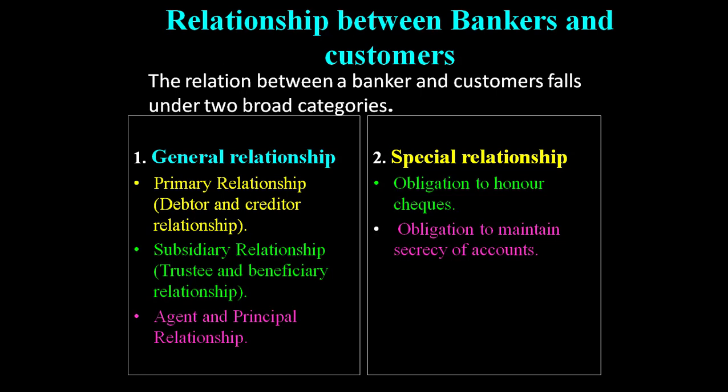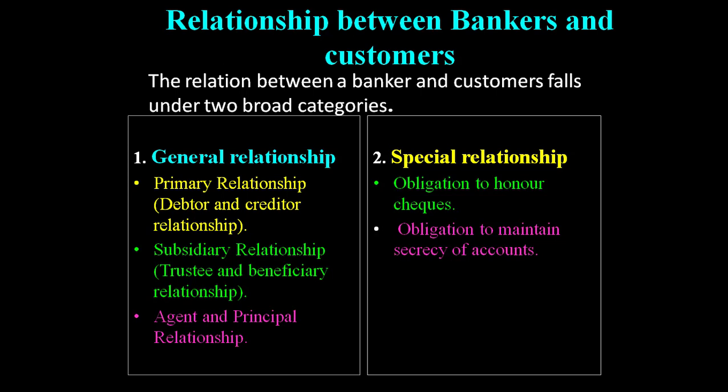Those customers who have a bank account will get the beneficiary benefits from the bank, like the subsidiary relationship. And banks also act as an agent or principal. That is the very important three concepts in general relationship.